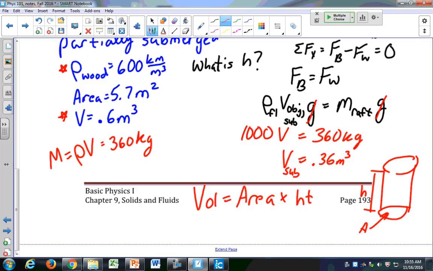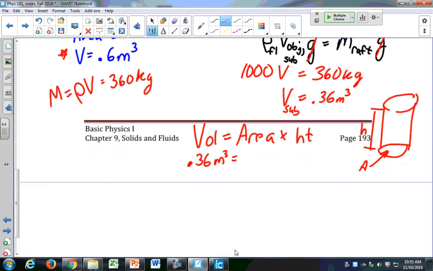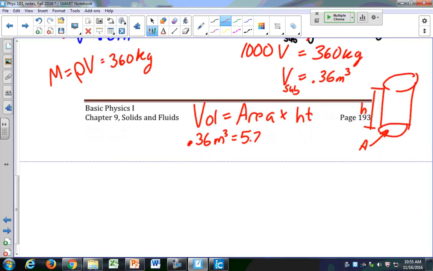And since I know the area of a face and I know the volume, I can figure out the height. So I say 0.36 cubic meters. We gave you the area is 5.7 meters squared times the height, and then we solved that for h, which is 0.36 over 5.7.